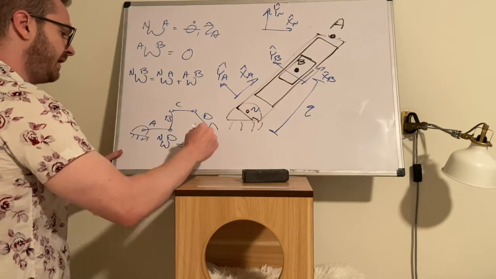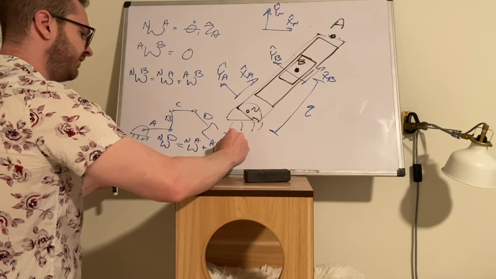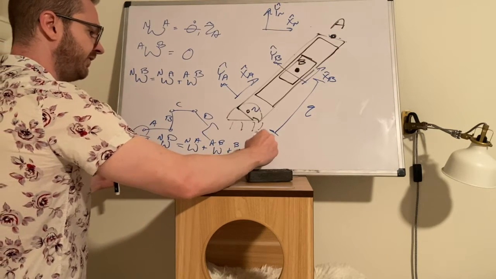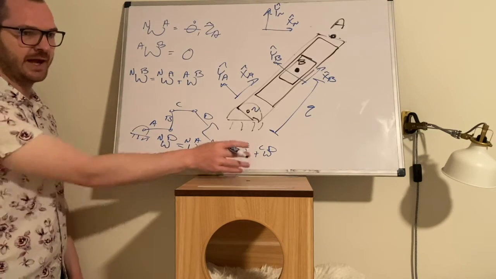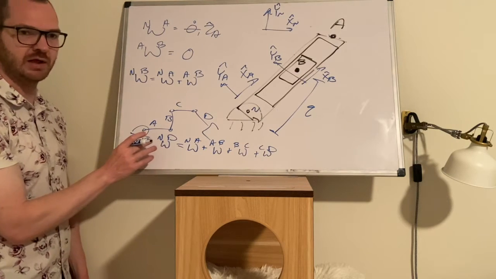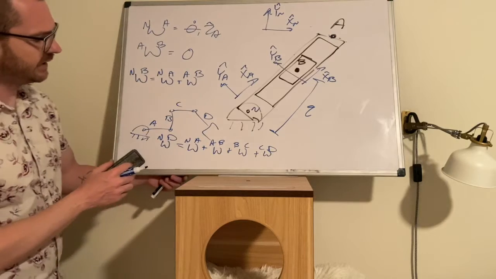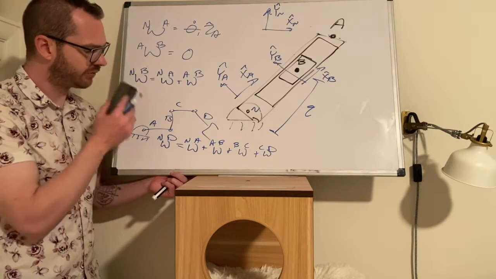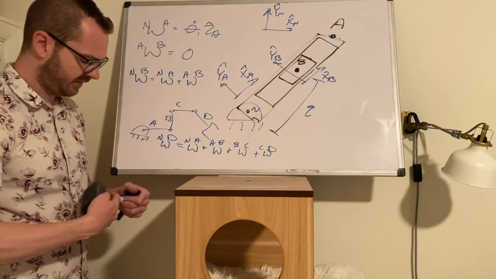So N to A, and A to B, and B to C, and C to D. And you can linearly add all of these angular velocities together, and this will give you the total angular velocity vector for whatever that body is.